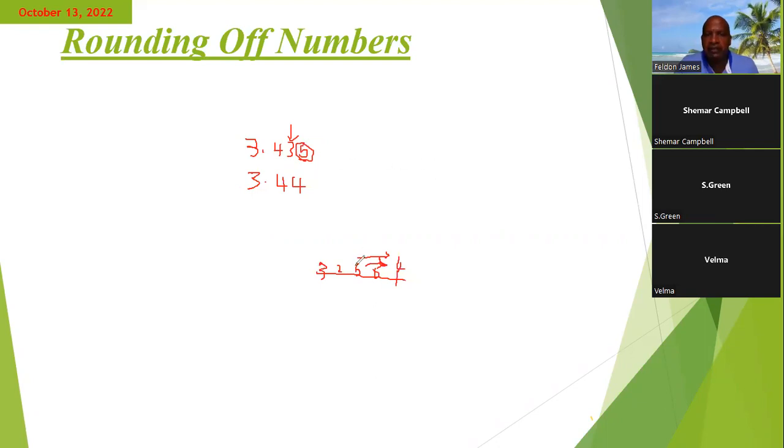So if you call this 3.5, this is where the 5 is. So 3.5, then 4. Remember, in order to get this to be 4, you would have to count this up to 10. So if you're counting and this was 10, you would add 1 to this and then you get 4. You see what I'm saying, Miss Waysom?